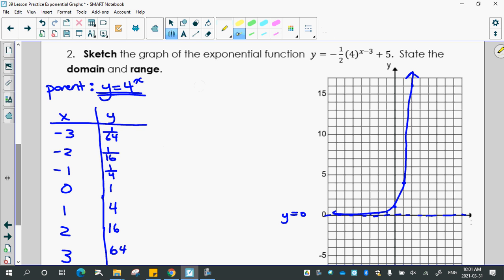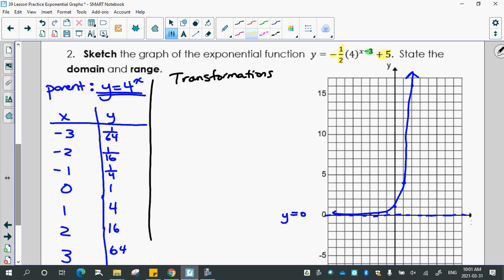So I'm going to have my negative sign highlighted in yellow, my half highlighted in yellow, and my +5 highlighted in yellow. So those are all vertical. My only horizontal is the -3. But there should be 1, 2, 3, 4 transformations written there. And I like to list them from left to right because that's how I apply them when I'm doing it.